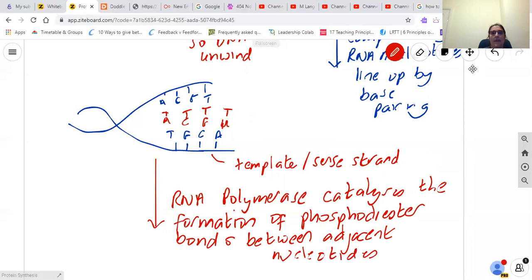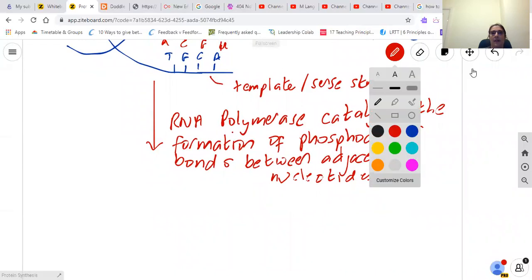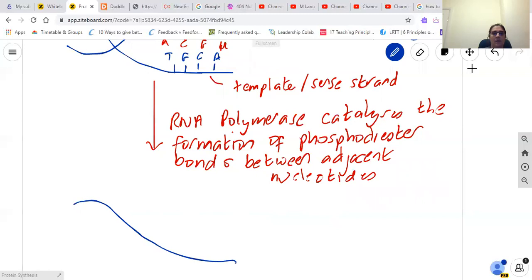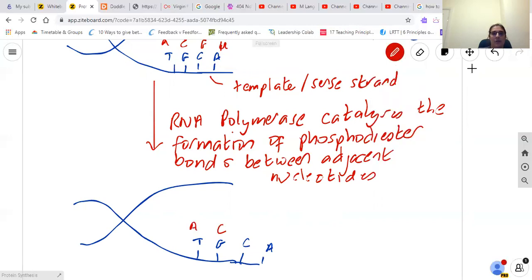So if I go back to my picture, I have my piece of DNA still, like so. I have my bases. I'm just going to worry about the ones that are down here for now. I have my nucleotides, which were there.